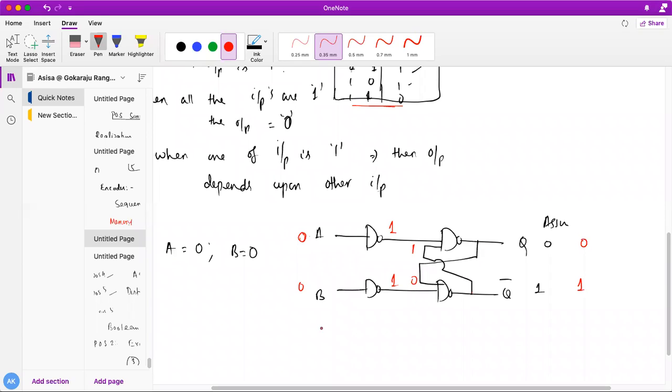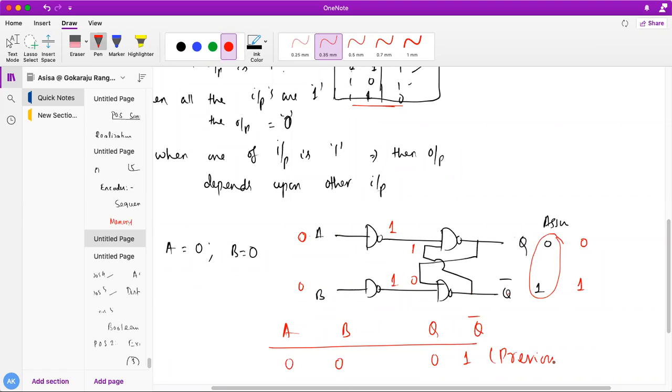So if my A, B are 0, 0, what am I getting at Q and Q bar? I am getting 0 and 1. I have already assumed 0 and 1 at the output, so I am getting whatever the previous value was, the same value over here. Am I correct, students?